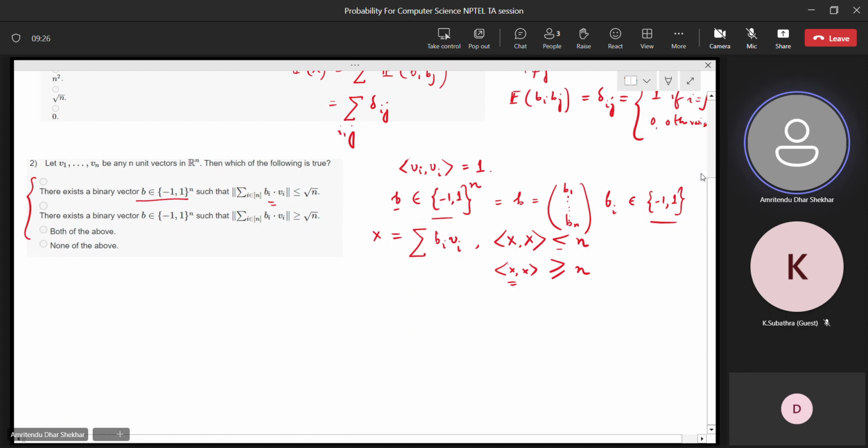So let's see how we can answer this. So let's take a random variable. So instead of considering this binary vector B, think of it as a random vector. Okay. So let's write it this way. Think of B as a random vector.